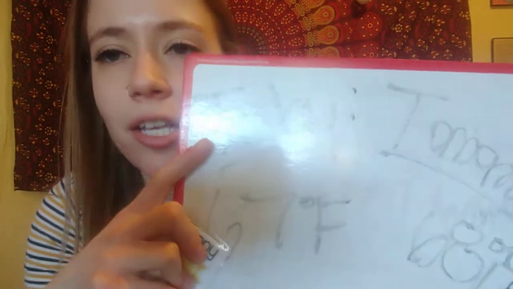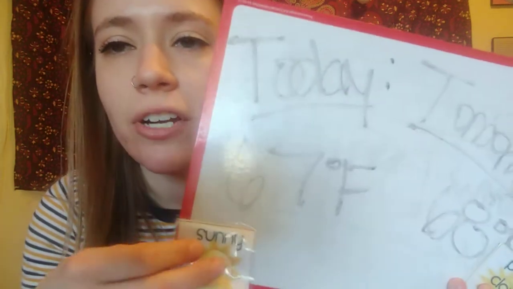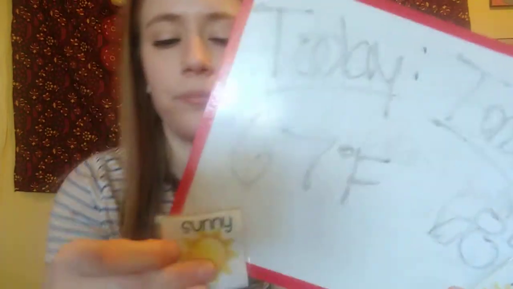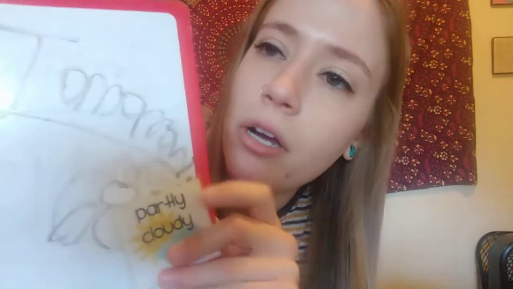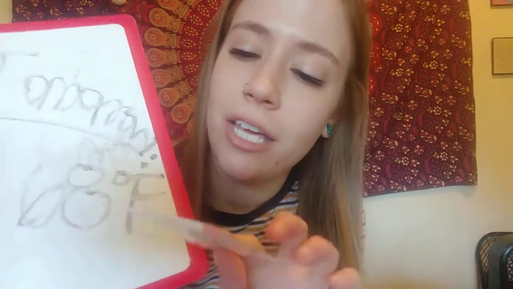So whoever's doing the weather would normally write this on our board at school, but this is my board at home right now. So it says that today it's going to be 67 degrees Fahrenheit and sunny. And tomorrow will be 68 degrees Fahrenheit and partly cloudy.